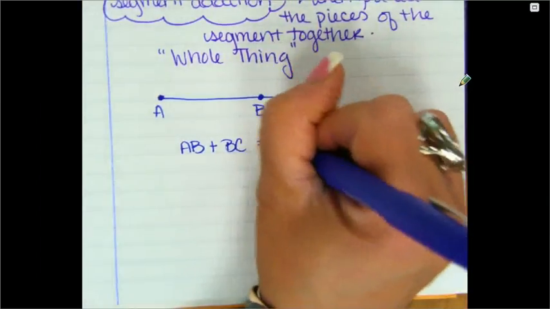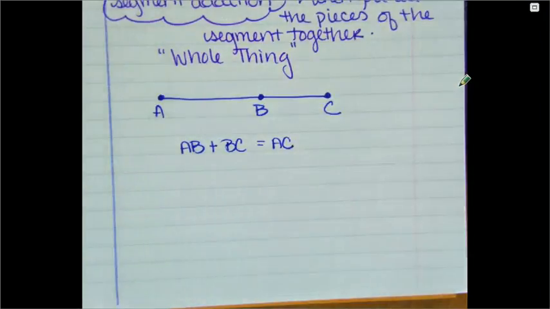We just say AC though. That's a good try. Segments only get 2 letters, okay? So you might want to make a note of that. Anytime you talk about a segment, segment only gets 2 letters. 3 letters are angles, usually. So what it's saying is if I take this piece, and I add this piece, then I get the whole thing. Make sense? Okay.